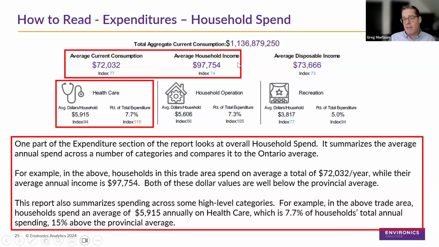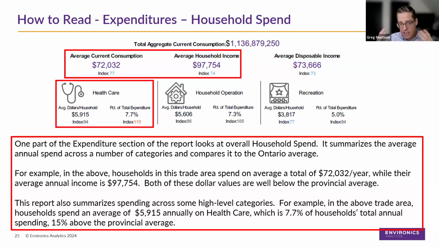Also lower is the average household income of households within my trade area, which is $97,754, again quite a bit lower than the provincial average. So you get those two high level categories of dollars, but then below you also get a sense as to how much people are spending within major areas of consumerism.